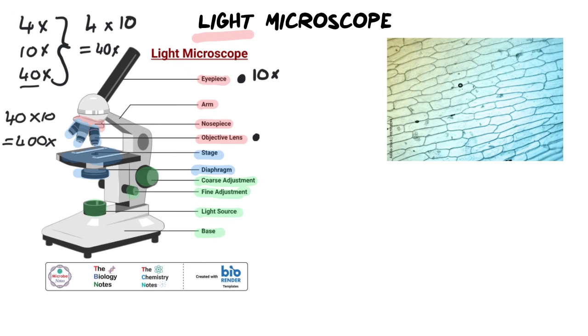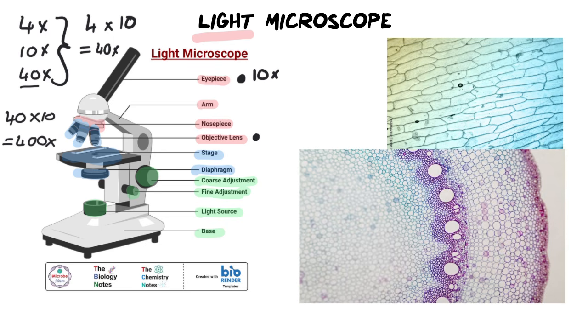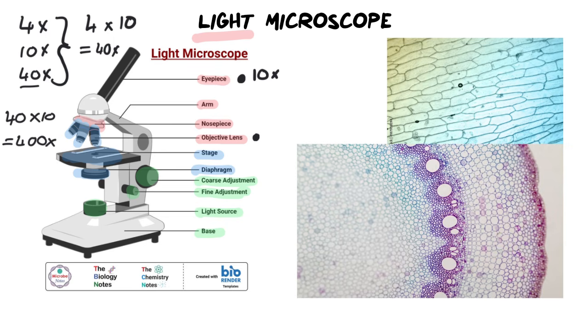I'm going to show you a slightly more complex picture, which we might be able to see with a stronger microscope, maybe not one that we have at school. What you're looking at here is a cross section through a stem of a plant. Each one of those little circles is a cell, and you can see they have different sizes. They seem to be different colors because they've been stained.